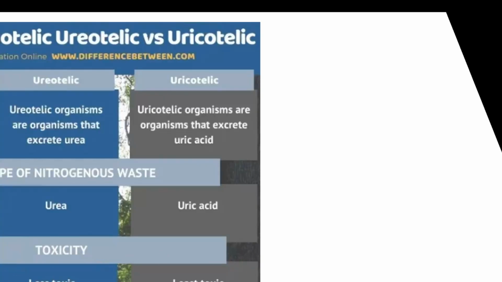Organisms such as mammals, amphibians, and sharks excrete urea. Reptiles, birds, and insects excrete uric acid. Number of nitrogen atoms eliminated from one molecule: 1, 2, and 4 respectively.